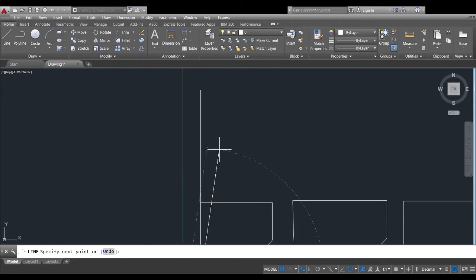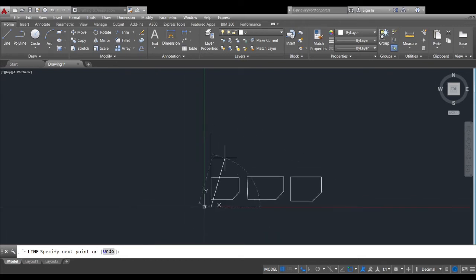Okay, what happened? I put the wrong input because our first point is 1,10. Okay, let's undo it.